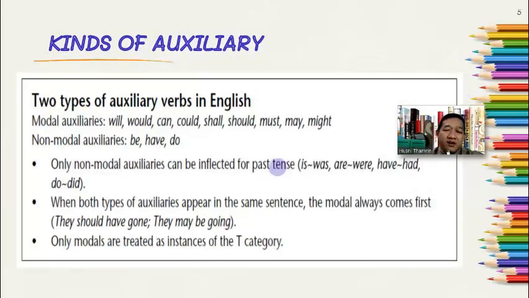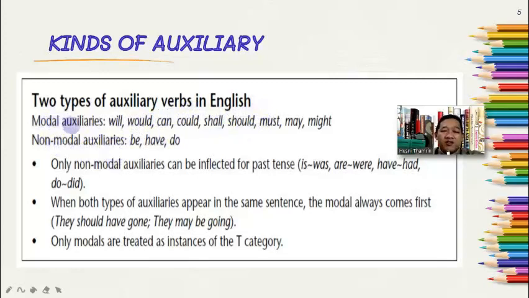Auxiliary, right? Perhaps some students have difficulties to differentiate about auxiliary. Sometimes there is a modal auxiliary and verb auxiliary. Well, from these explanations, two types of auxiliary verb in English: the first, modal auxiliary, and non-modal auxiliaries.